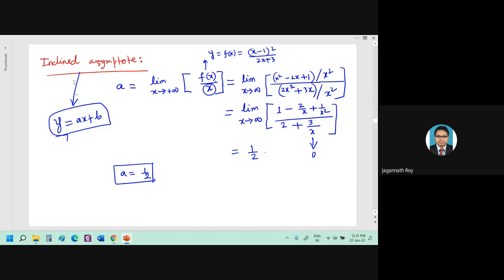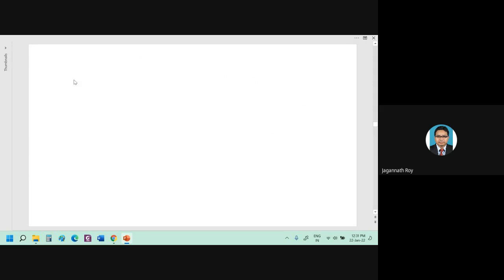The next quantity that we have to calculate is b, equals the limit as x goes to infinity of f(x) minus a times x, that is, f(x) minus half of x. This is a working formula.